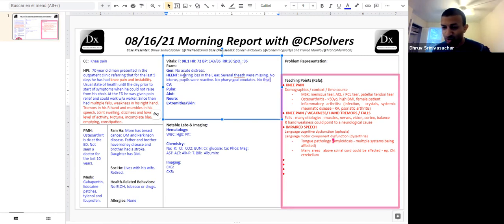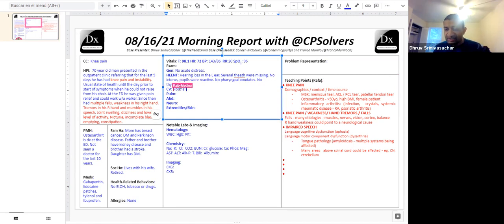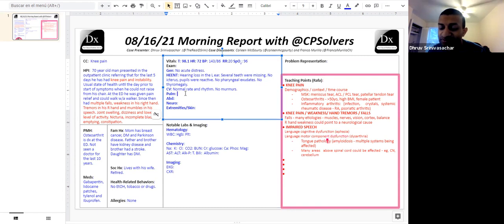Cardiovascular exam, normal rate, regular rhythm, no murmurs or gallops. Respiratory exam, clear, but the breath sounds were a bit distant due to body habitus. GI, obese, but normal bowel sounds, soft and non-tender with no hepatosplenomegaly or any masses.